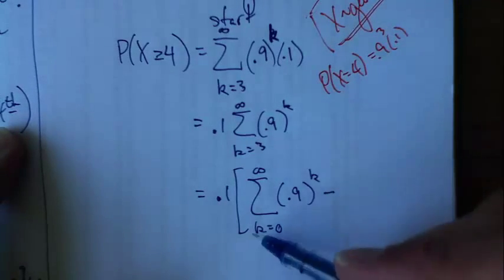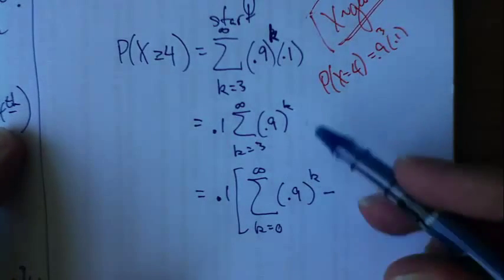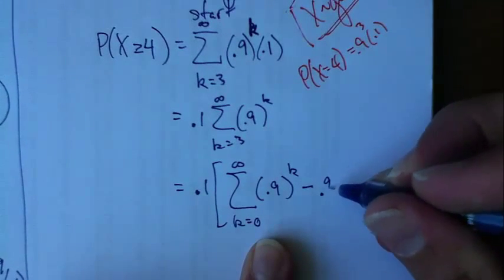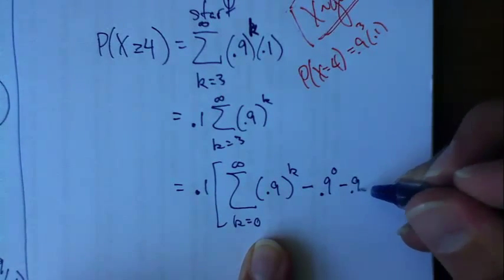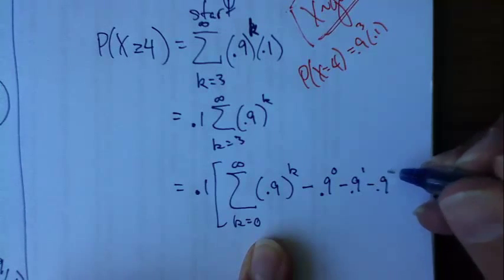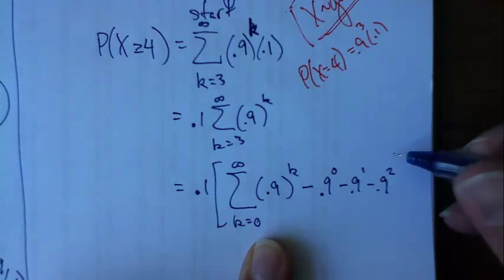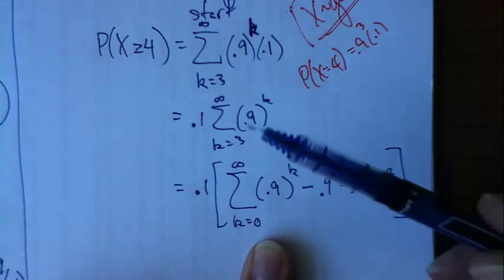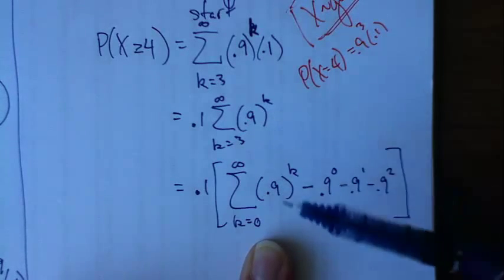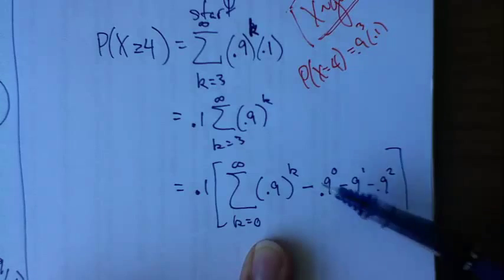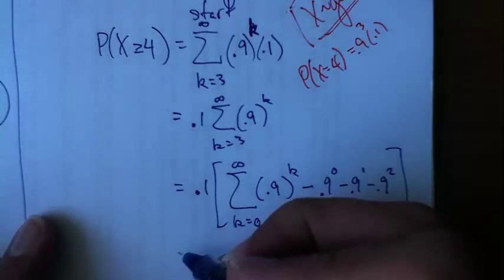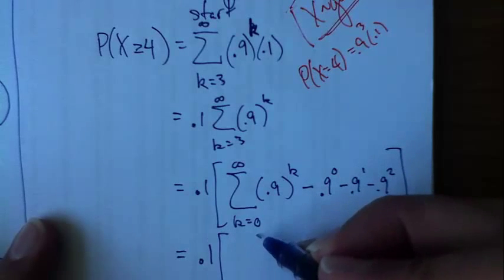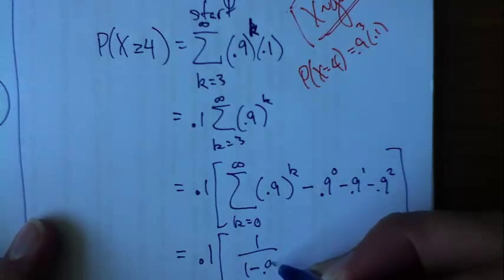Now, to maintain equality between these two expressions, I have to compensate, right? I need to subtract off 0.9 to the 0, minus 0.9 to the 1, minus 0.9 to the 2nd. See that? Now these things are the same. Now, I know how to deal with this sum, don't I? It's 1 over 1 minus 0.9.